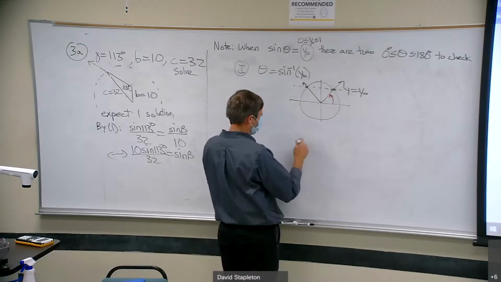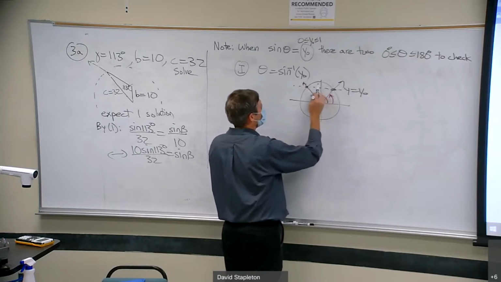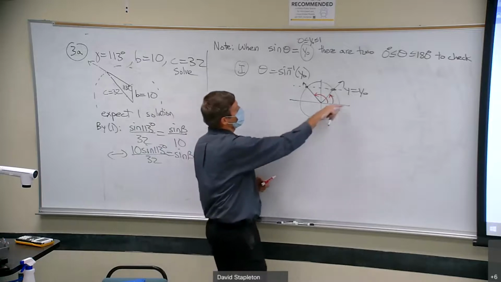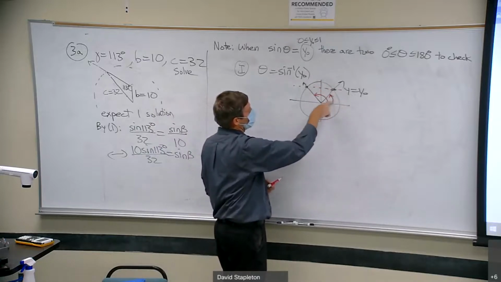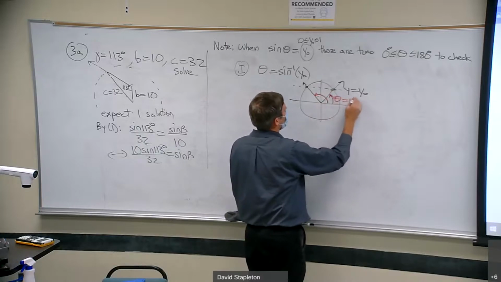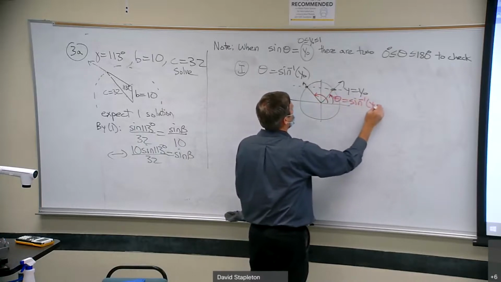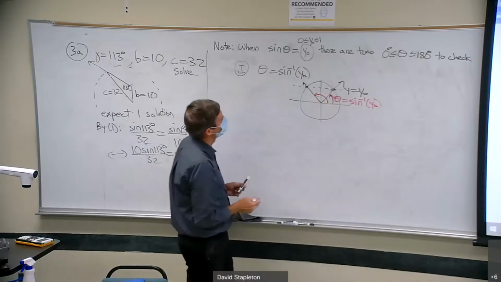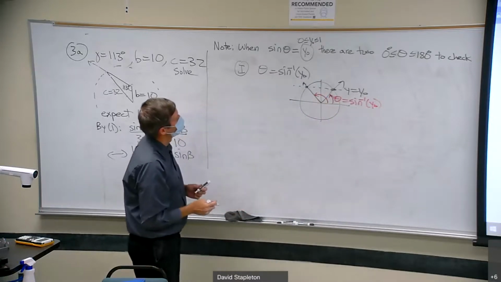Which one is the arc sine? Is it this one or is it this one? The arc sine is a unique angle between plus and minus 90 degrees, so it has to be this one. So one solution is this one, the inverse sine or arc sine. And then this one is what? How about that? What must that angle be?